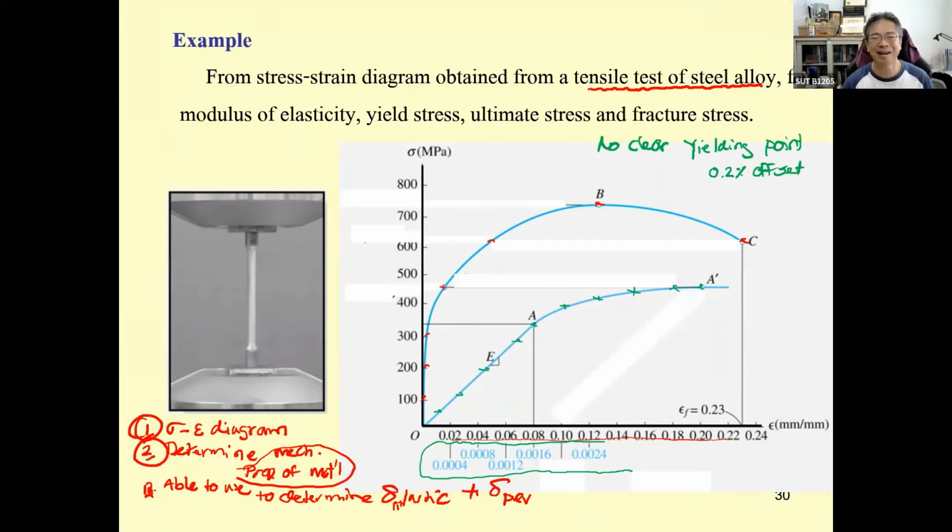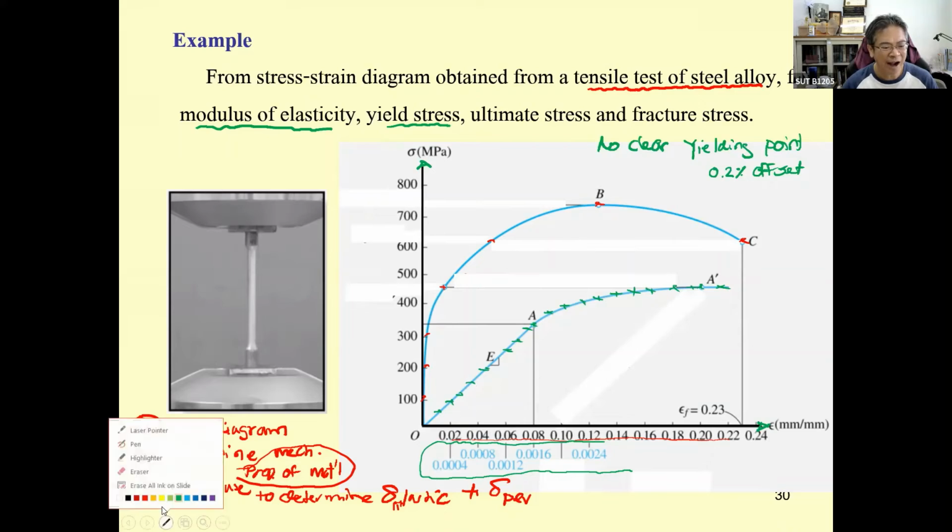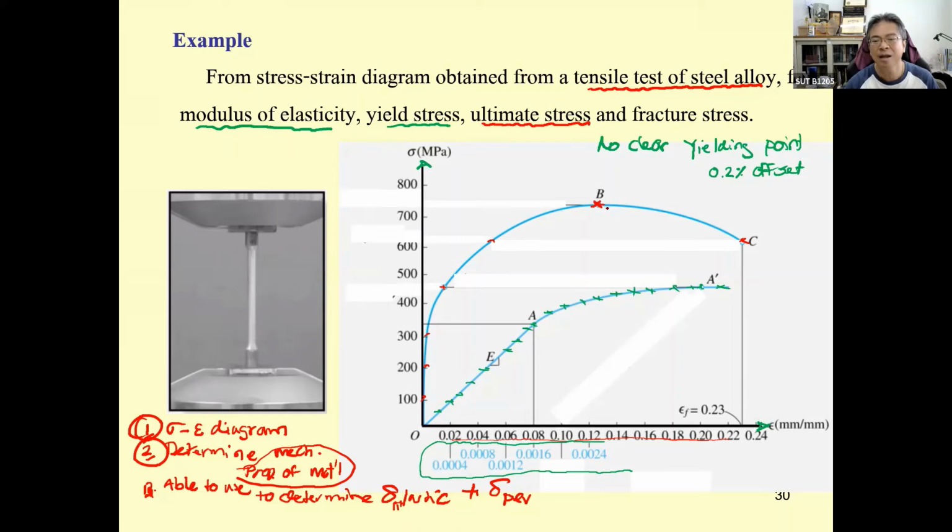You guys are supposed to understand the graph of the stress strain diagram. And then they ask us to determine the modulus of elasticity and the yield stress. The modulus of elasticity and yield stress are supposed to be determined from this graph based on the fine scale. However, they ask us to determine the ultimate stress. It's going to be here.